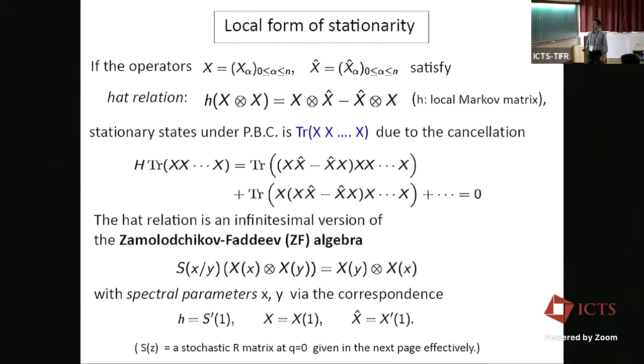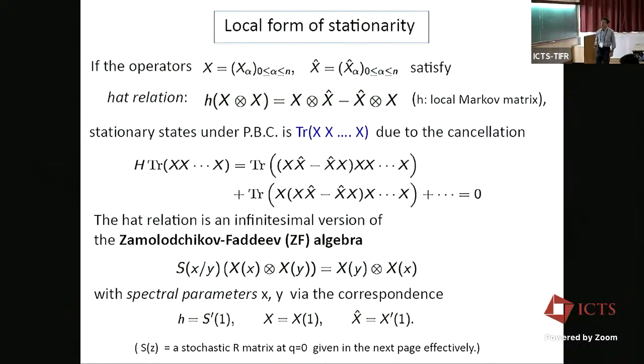And here, what is essential is you need an operator X depending on the spectral parameter. So you need to invent a certain spectral parameter dependent version of this matrix product operator. Then you take the derivative and with appropriate initial condition, you recover this.